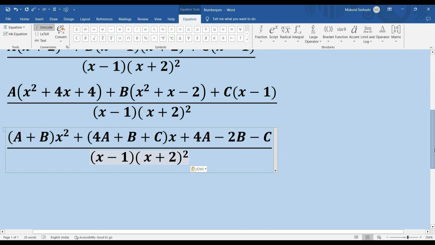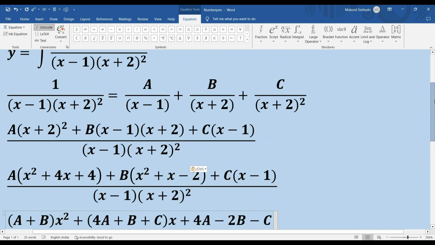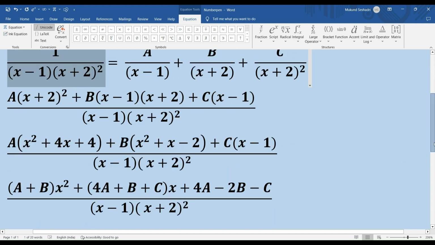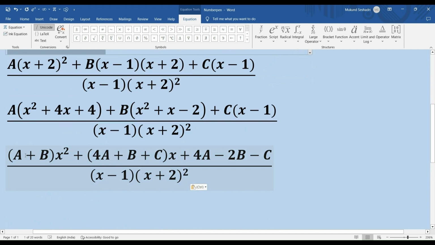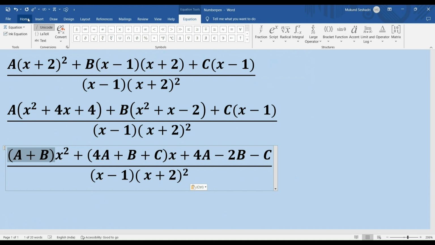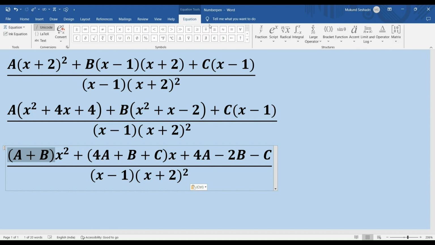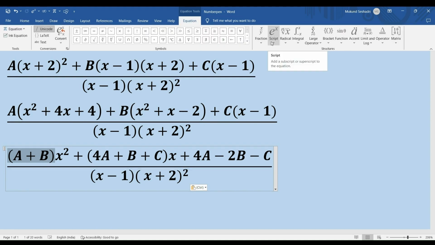So let's come down. Now the expression given to me is nothing but 1 divided by (x minus 1) into (x plus 2) the whole square, right? And if I try and equate it to this particular expression that I have arrived at, then I see that this term does have coefficients of x squared and x. But then the term given to us has only a single constant, which is 1, right?